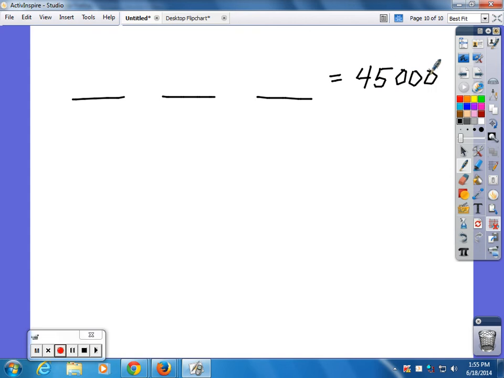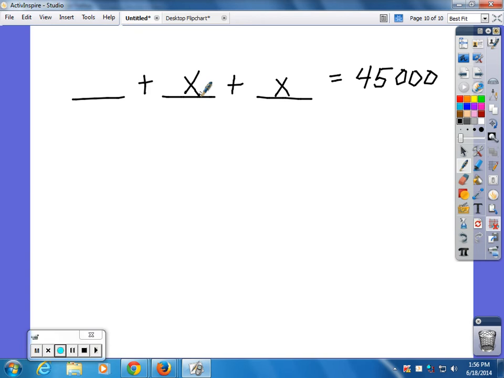Now we're going to say that a barn is X, because the square footage of one barn is X. It's said that the square footage of the two smallest barns are the same. So we'll say that these are our two smallest barns right here, and just say X. Now what does it say about the big barn?